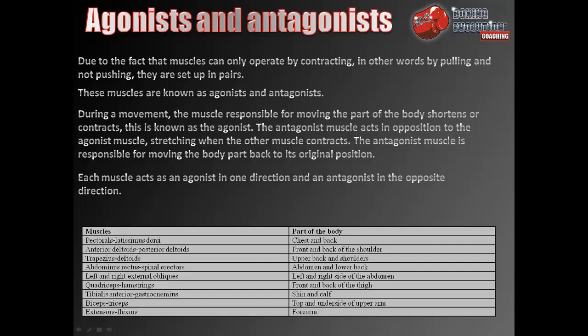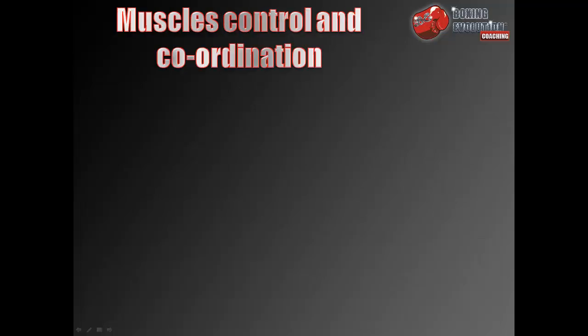So the pectoralis and the latissimus dorsi, which is also known as the chest and back, the anterior deltoids and the posterior deltoids, which is the front and back of the shoulder, the trapezius and the deltoids, which is the upper back and shoulders, the abdominus rectus and the spinous erectors, which are the abdomen and lower back, the left and right obliques, which is the left and right of the abdomen, the quadriceps and the hamstrings, which is the front and back of the thigh, the tibialis anterior and the gastrocnemius, which is the shin and the calf, the biceps and the triceps, which is the top and underside of the arm, the extensors and flexors, which is the forearm.